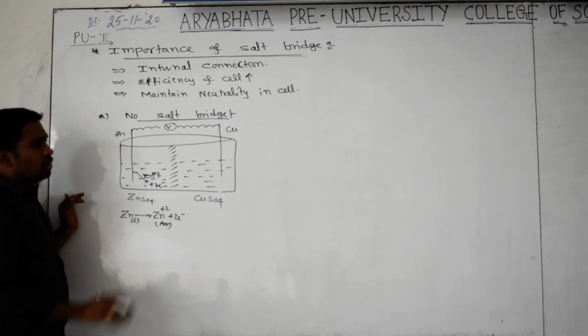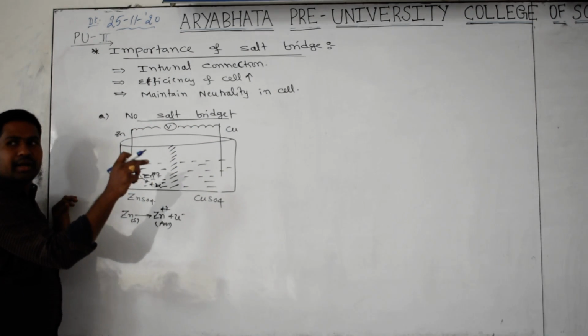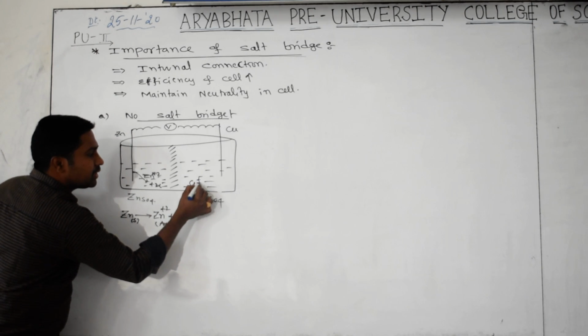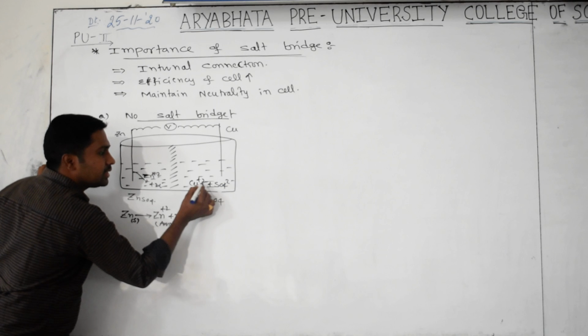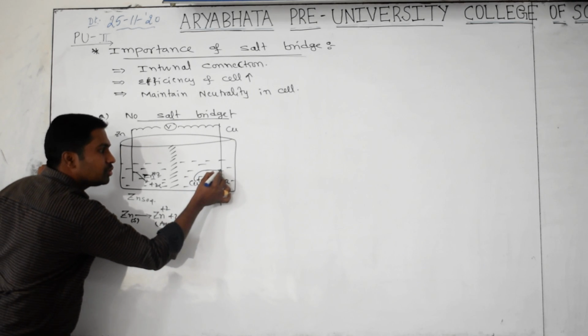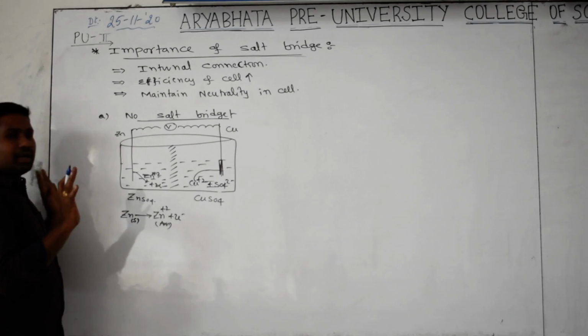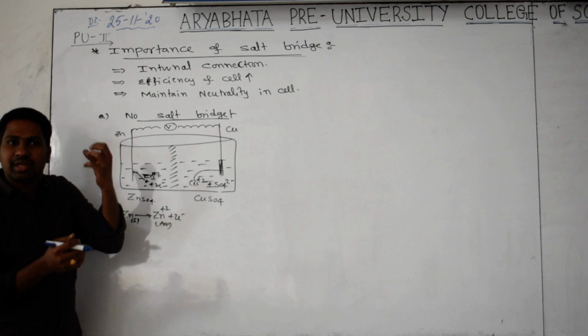After the electrons pass from the zinc rod to the copper rod, what happens there? Reduction is going on from the solution. In the solution, Cu2+ is there and also SO4 2- is there. The Cu2+ goes onto the copper rod and forms a new layer. It goes like this, but after some time the power generation from the cell will come down.